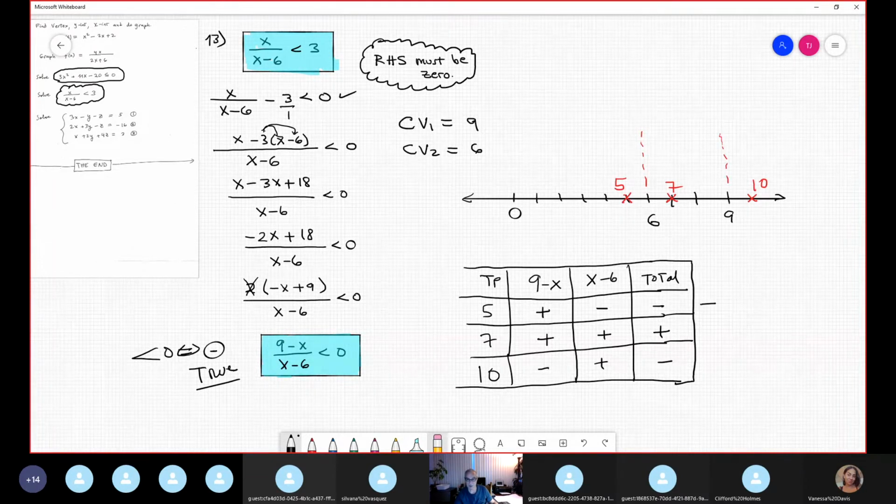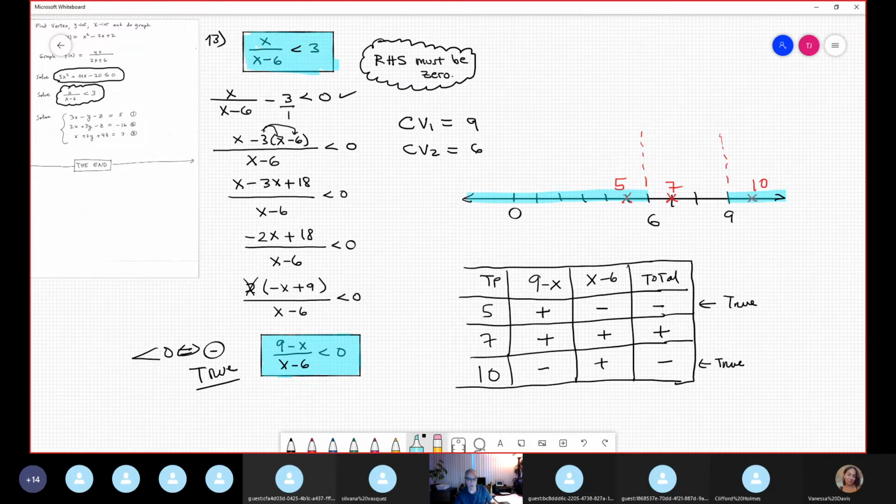Basically, now this is the true guy, but it's negative, and this is also true guy, but it's negative. Therefore, I highlight the solution. 5 pass the test, successful, and 10 pass the test, and 7 no, unfortunately.